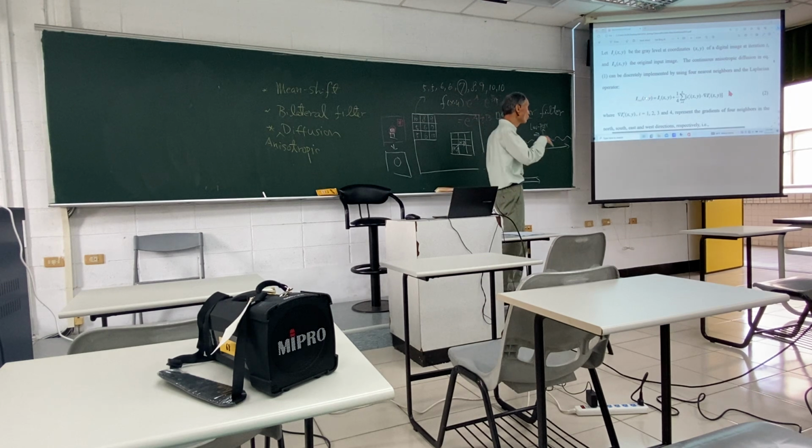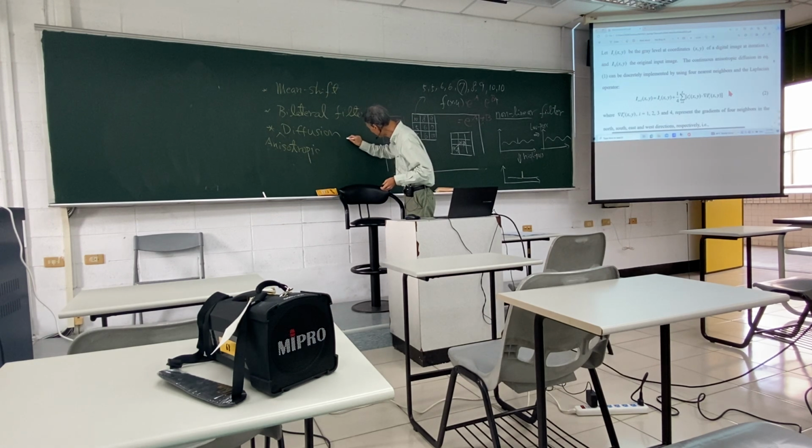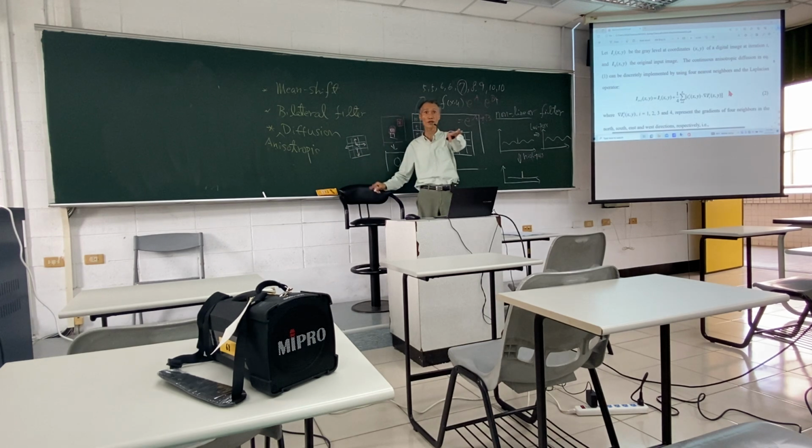Now, here's how we do the smoothing. This is the original color or intensity, plus the diffusion term, divided by 4 because it looks at the 4 directions. For pixel (x, y), it looks at its north, west, east, and south directions.